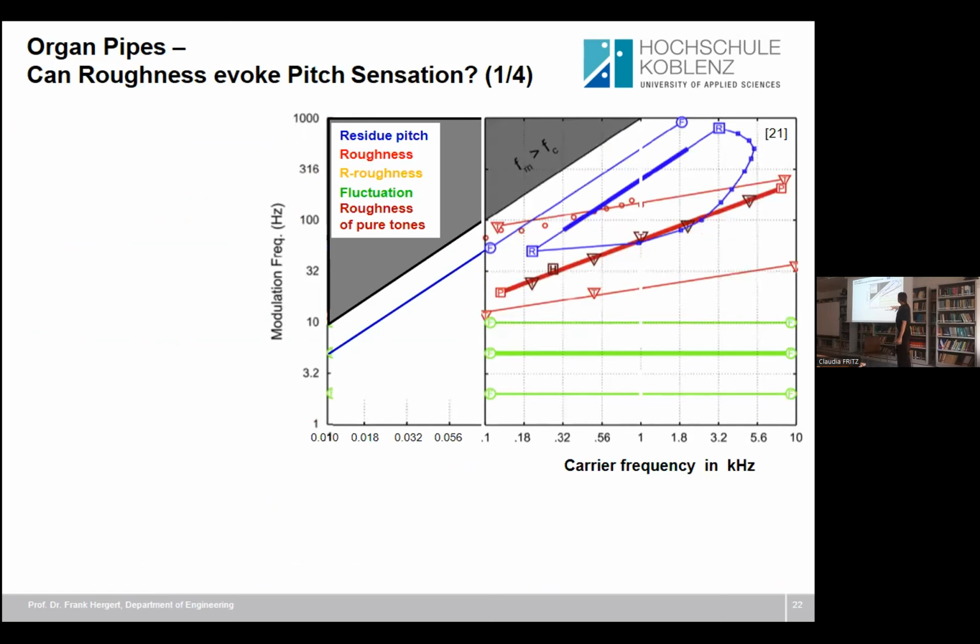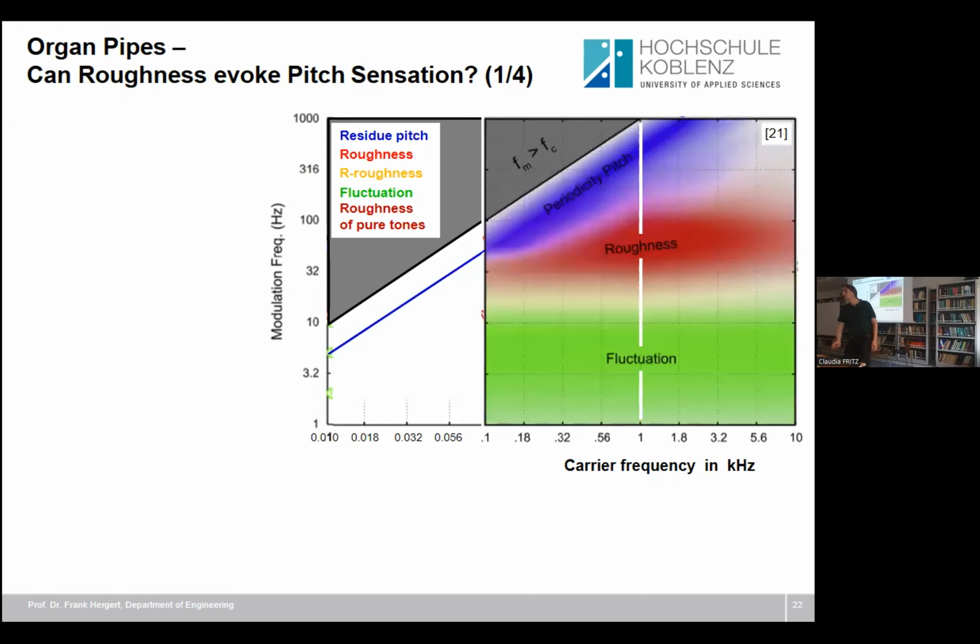If the modulation frequency is, let's say, maybe 100 hertz or 50 hertz, we are in this red region, which we call roughness, and I make it clearer by shading with colors. And if the frequencies are not too far apart, and have a certain frequency ratio, we might get virtual pitch or periodicity pitch.